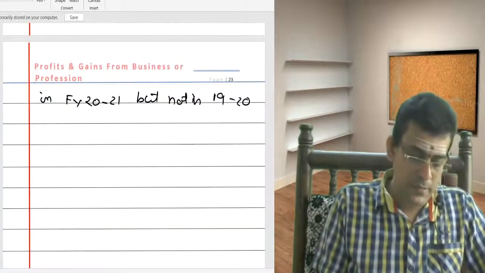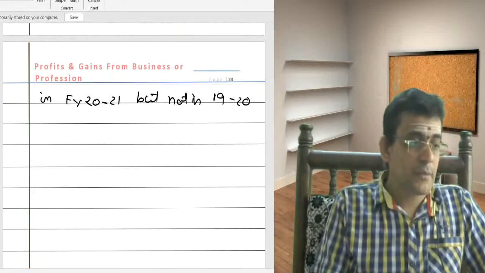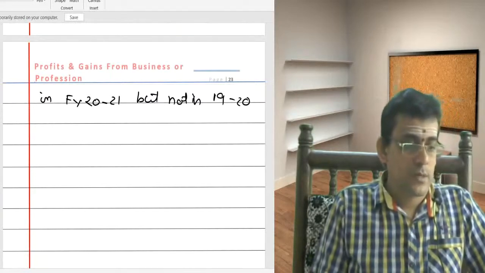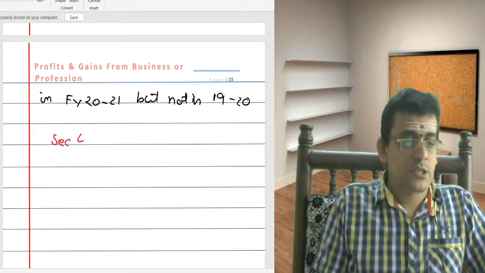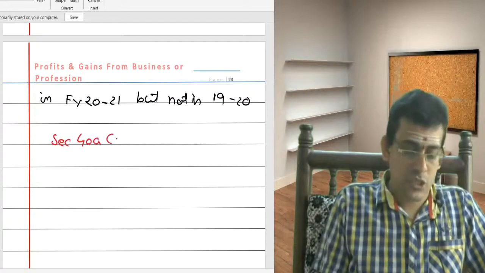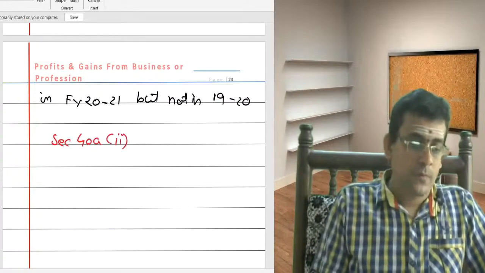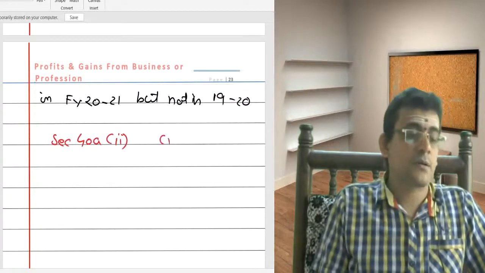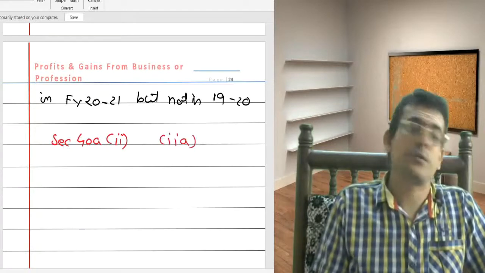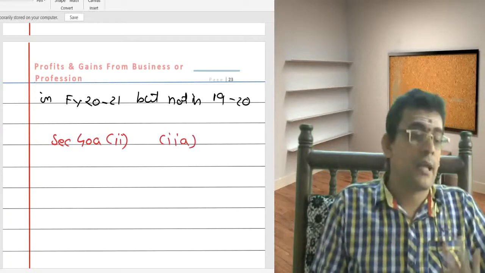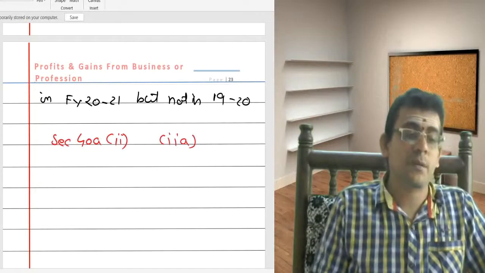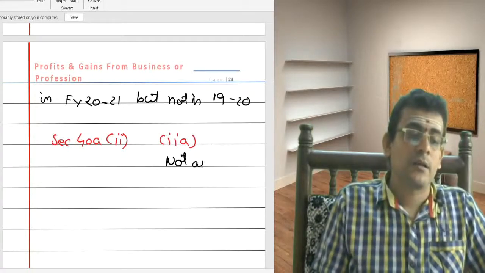It's very simple. So let me put two sections together now. We are going to discuss section 40A subsection 2 and also 40A subsection 2A. In fact, 40A subsection 2A at present is not applicable. Why?